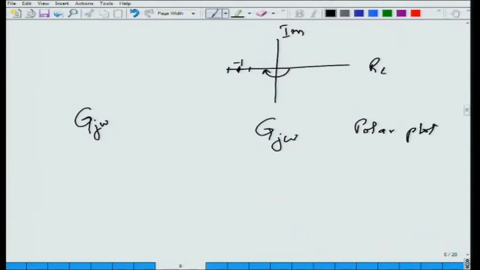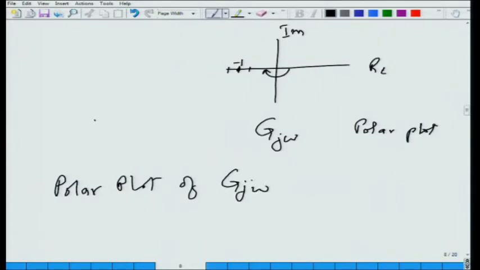And let me also introduce at this point in time the polar plot of G j omega. G j omega is a complex number with a real part, which depends on omega, plus j times b, which is the imaginary part, and the imaginary part also depends on omega.